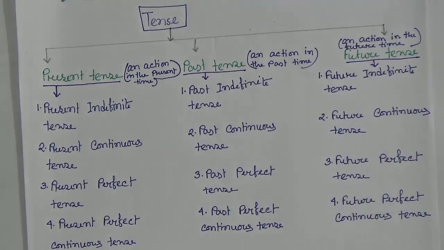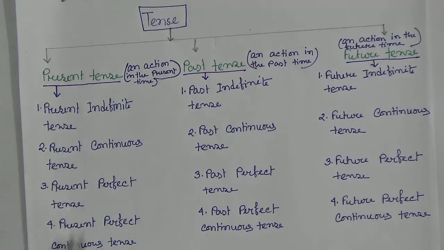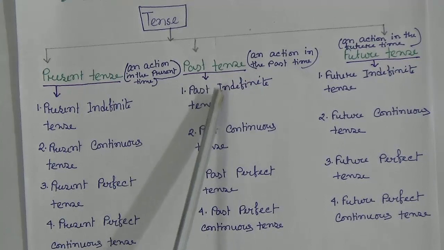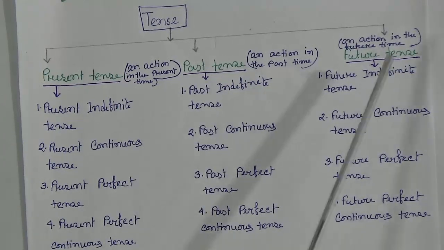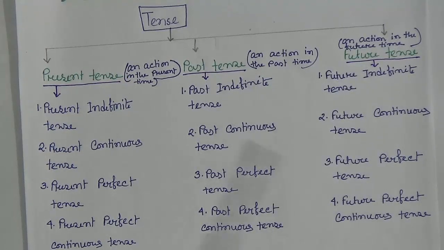And students, every tense has four types: present tense has four types, past tense has four types, and future tense also has four types. These are indefinite, continuous, perfect, and perfect continuous.